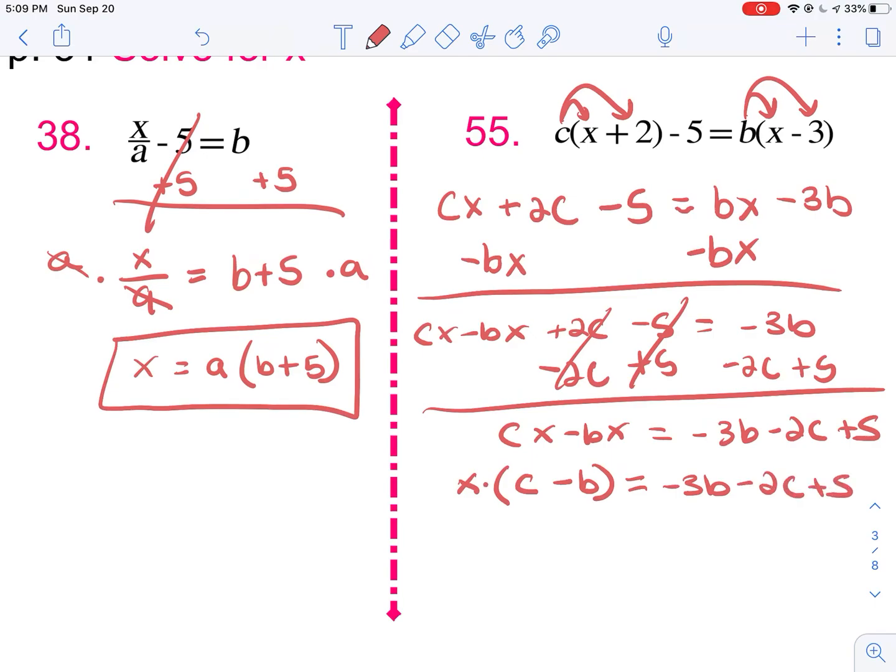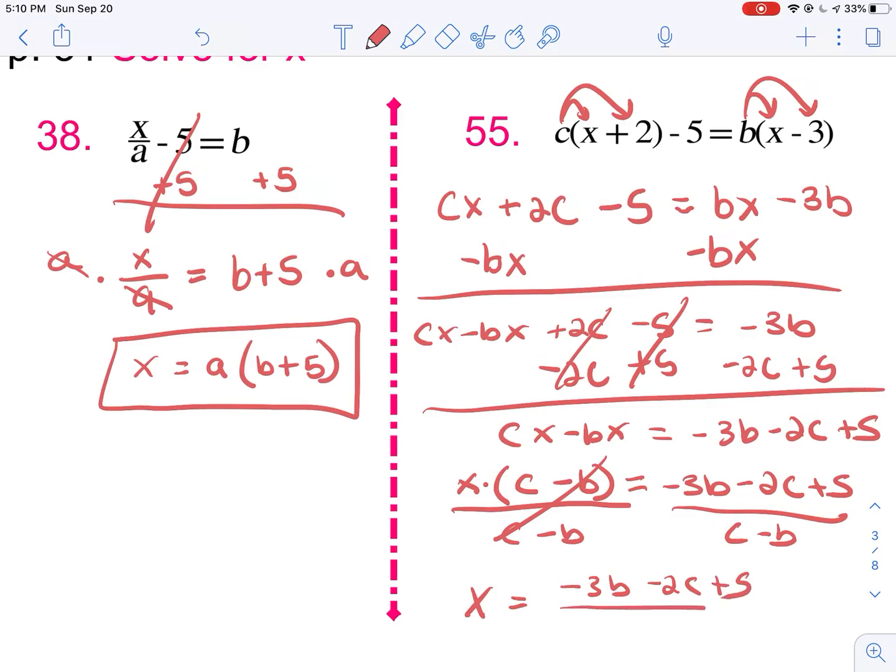Well, next, since it's multiplication, I don't care about the c minus b. I just want the x by itself. So I'm actually going to divide by that parentheses altogether, canceling those out. Leaving me with x equals minus 3b minus 2c plus 5 over c minus b.